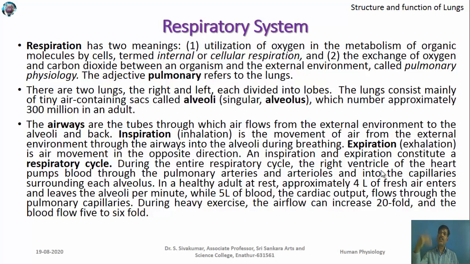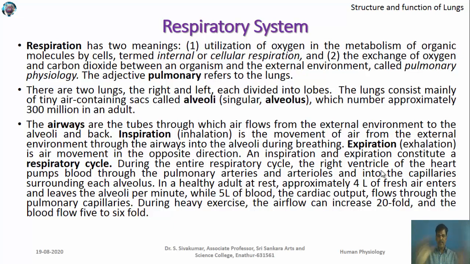If it increases 20-fold, 20 times 4 is 80 liters of air, and 30 liters of blood comes to the lungs during vigorous exercise. That much oxygen is exchanged between the lungs and the blood when you are exercising. That's why everybody says that we should exercise.